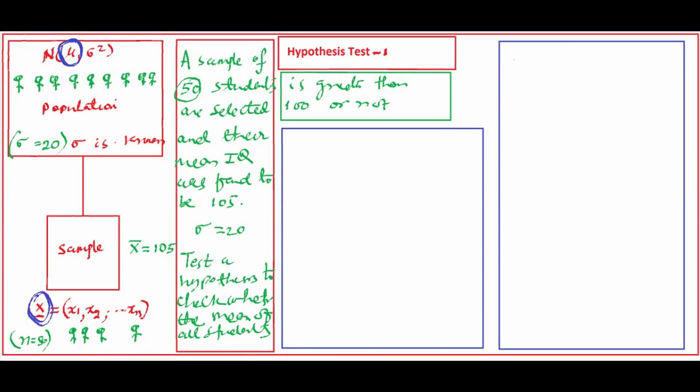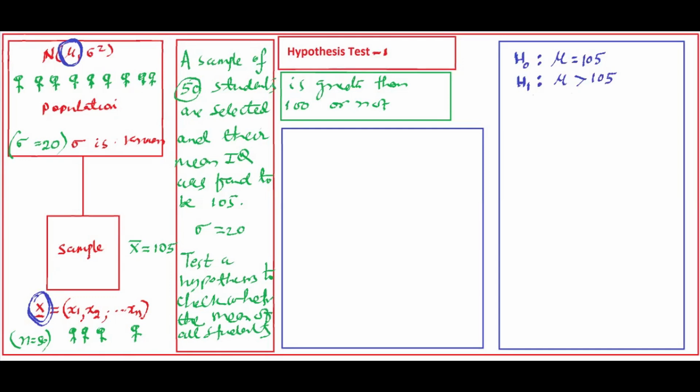So now I can write H naught, mu. This is notation. Which one is called alternative hypothesis? What is alternative to mu is 105. Here you are checking whether this is greater than 105 or not. This is called one-sided test.